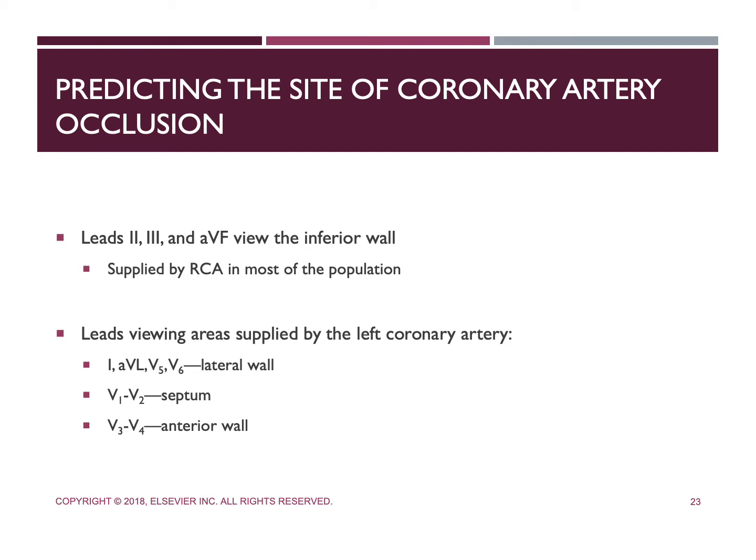When indicative changes appear in the leads viewing the septal, anterior, and or the lateral walls of the left ventricle, for example, V1 to V6, lead 1 and aVL, it is reasonable to suspect that the left coronary artery is partially or completely blocked.